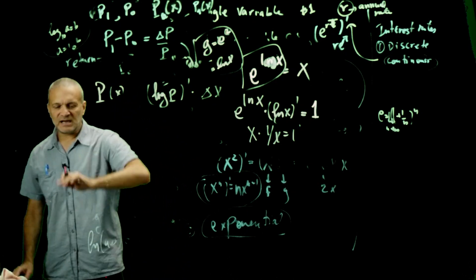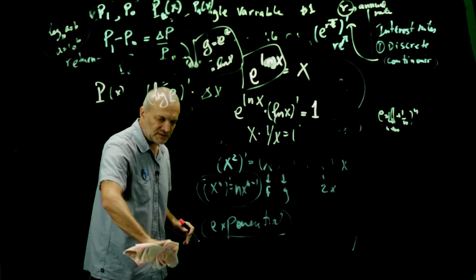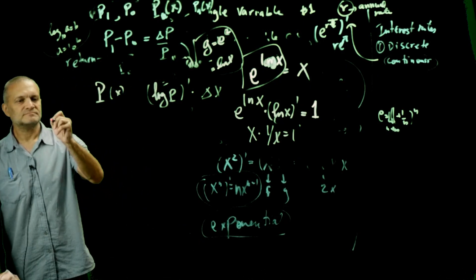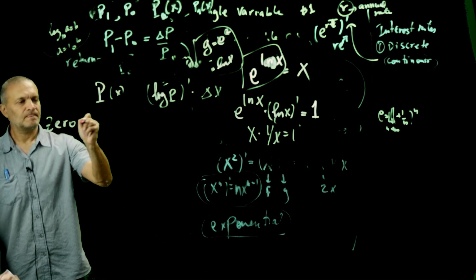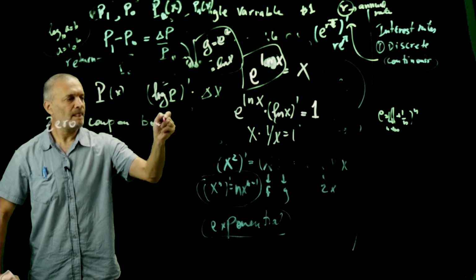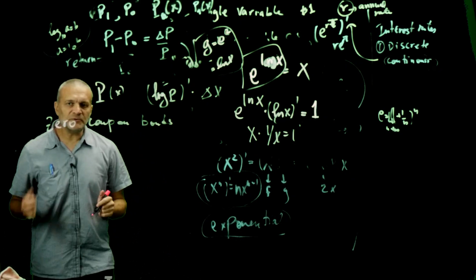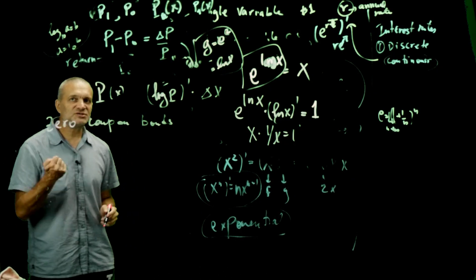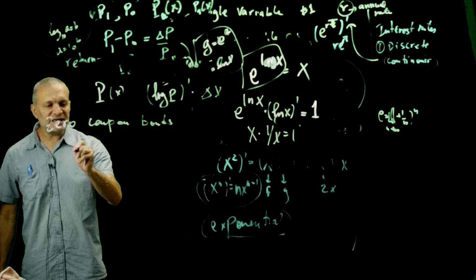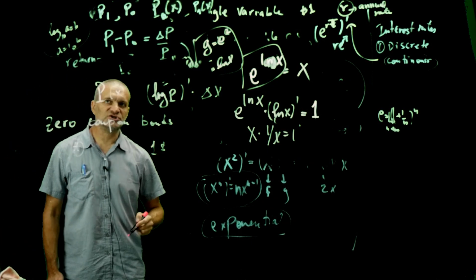Now we're going to talk about something called zero coupon bonds. What are zero coupon bonds? They are instruments where you buy today and it gives you $1 in the future.